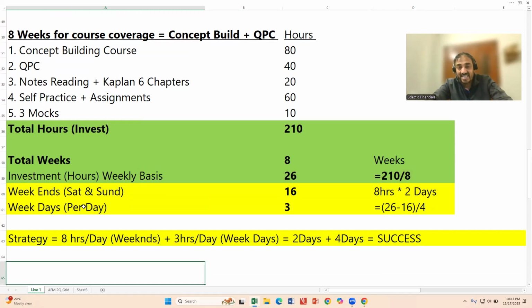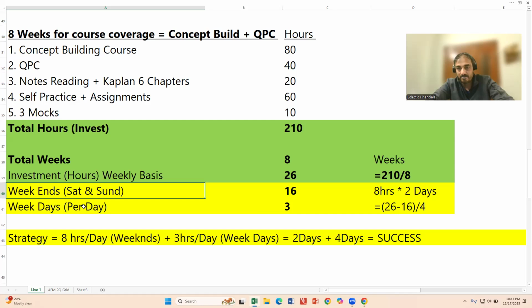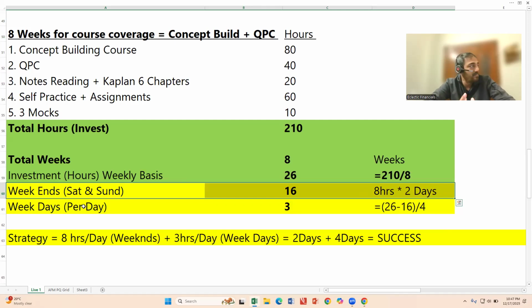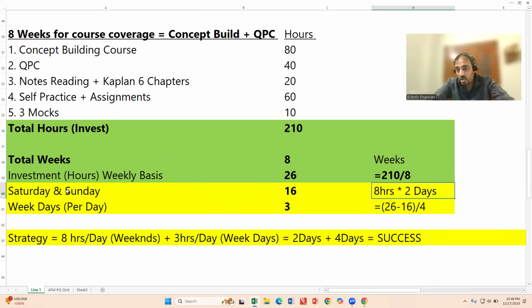For example, if you are not a full-time student but a full-time job employee, with a job from Monday to Friday, then your weekend, Saturday and Sunday, you need to invest 8 hours a day. 8 multiplied by 2 is 16 hours.